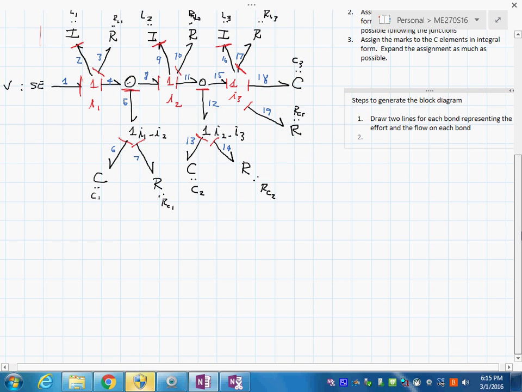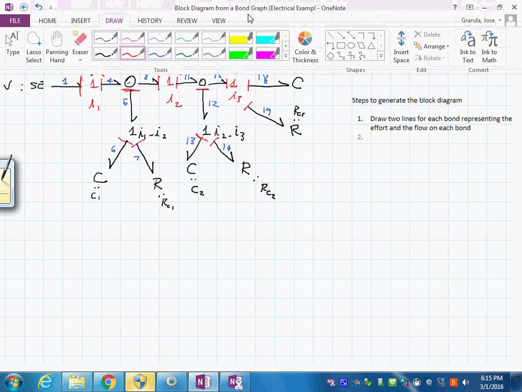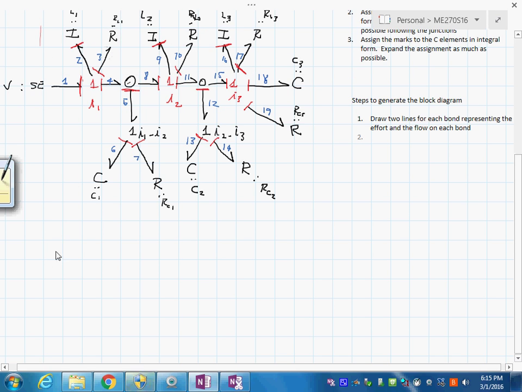Then you have the I element. The I element needs those two. The R element that you see in there needs two also. And then you have this in here, you have a connection in here.